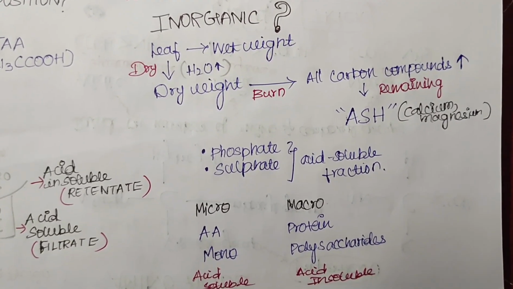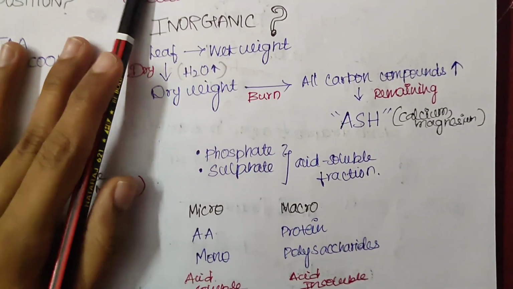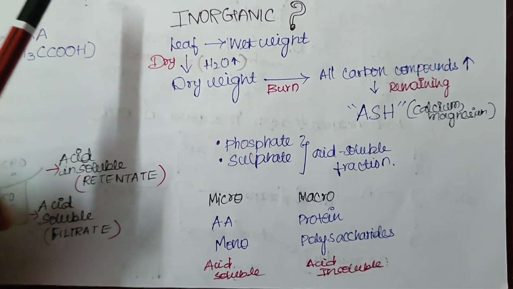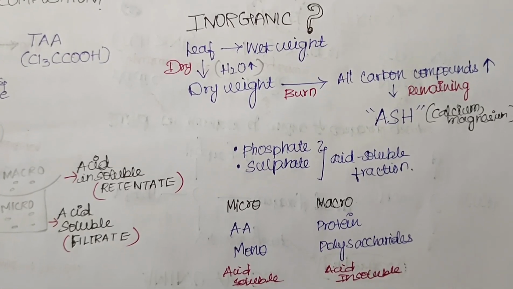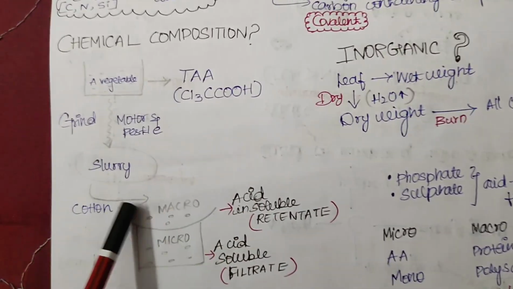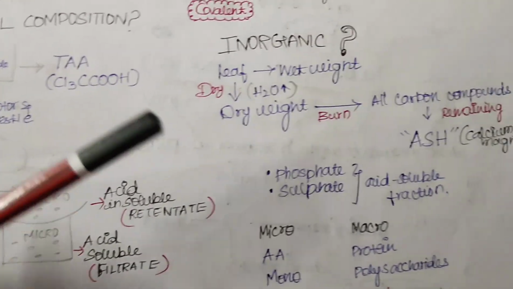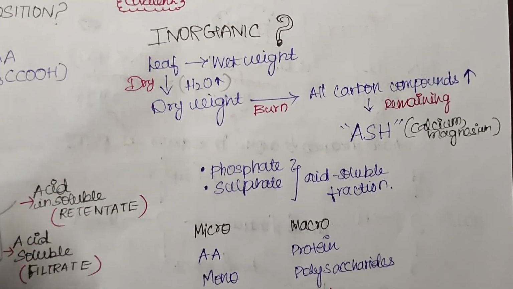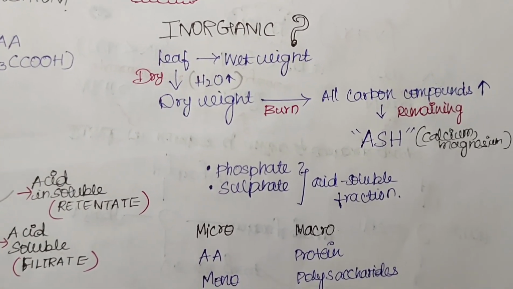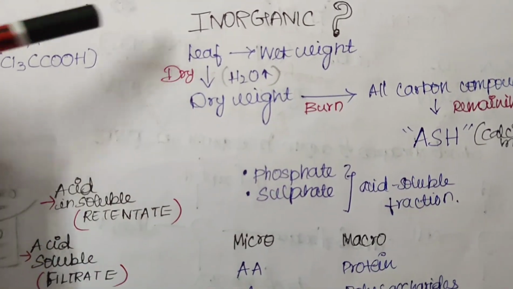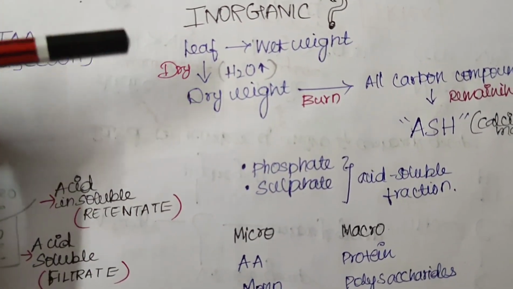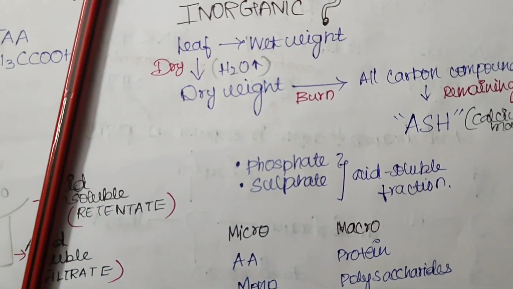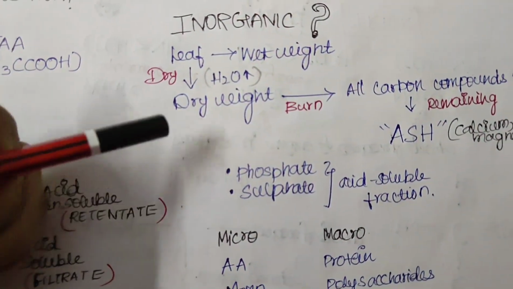Now we will talk about another part. A human or a living organism contains organic compounds, but it also has inorganic compounds. This testing so far is especially for the organic compounds, right? So how will we know what inorganic compounds are present in us? For that, we will take a leaf. This leaf is called the wet weight. Once we dry it, in the sense that all the H2O is removed, it is called the dry weight.